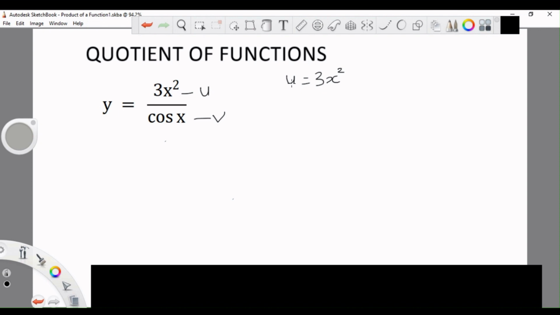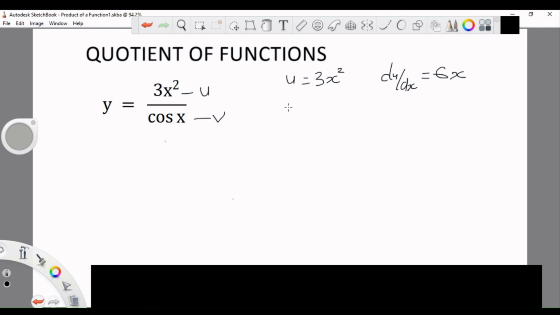If I differentiate u with respect to x, that gives du/dx. Remember, to differentiate, the power multiplies the whole function. So 2 times 3 is 6, then x, and we subtract 1 from the power, so 2 minus 1 is x. So when you differentiate 3x squared, we get 6x.